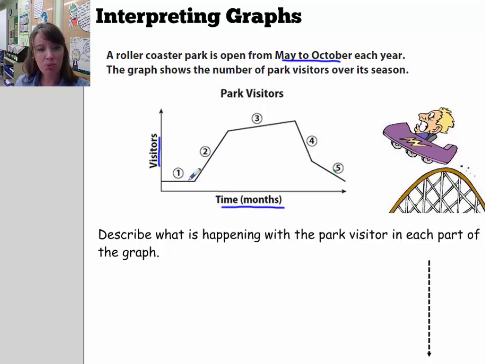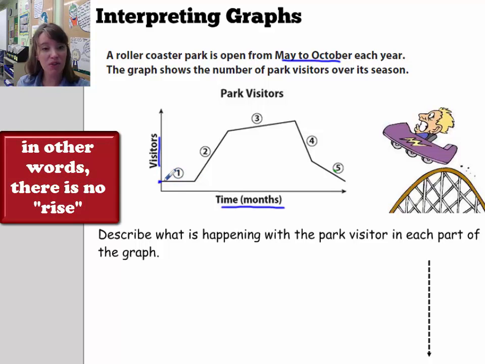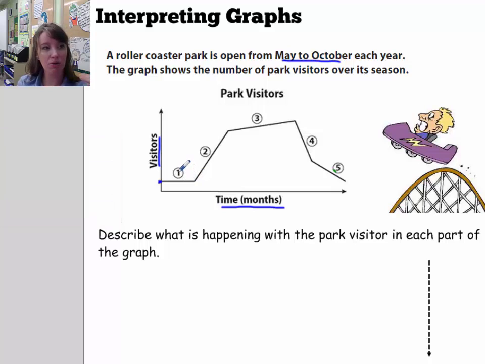In this portion of the line, you can see that the y value remains the same. So in this portion, the number of visitors was pretty steady throughout this period of time. Let's say if this was a month, the number of park visitors every day was the same throughout that.